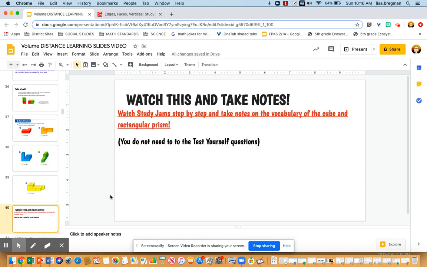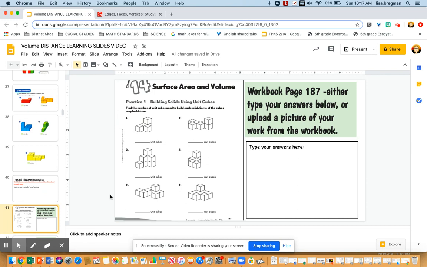I want you to watch the Study Jams because that gives a really great background on the edges, the vertices, and the faces, and really great animation. You do not need to do any of the test yourself questions. And then for the work to do, workbook page 187, you could either type your answers below to these 6 questions on the number of unit cubes, or you can upload a picture of your work from the workbook.